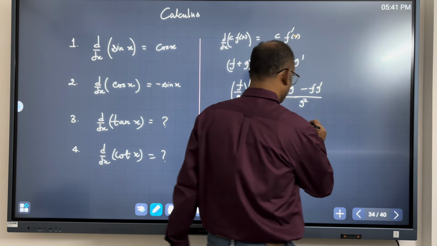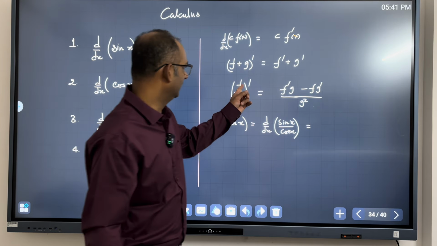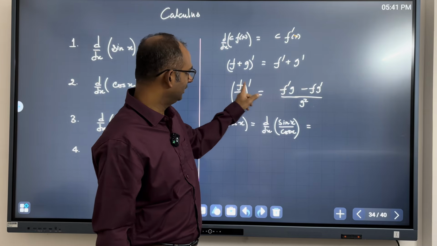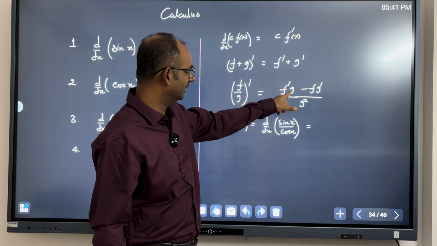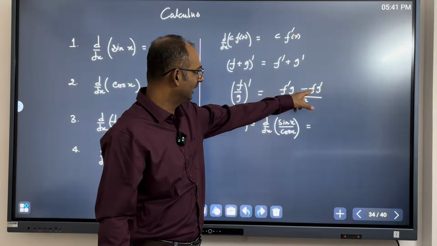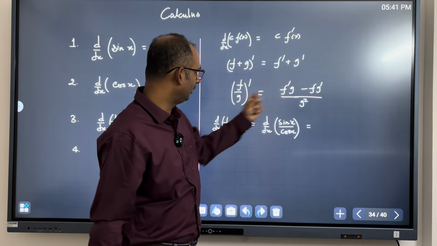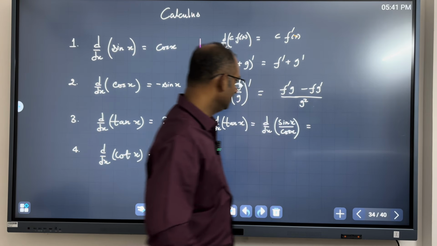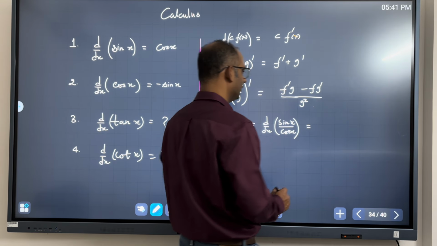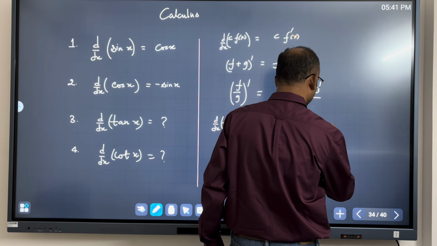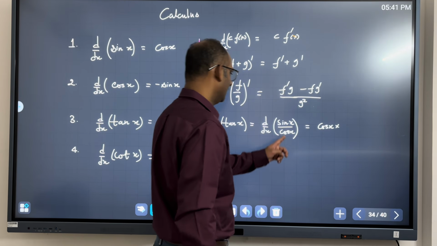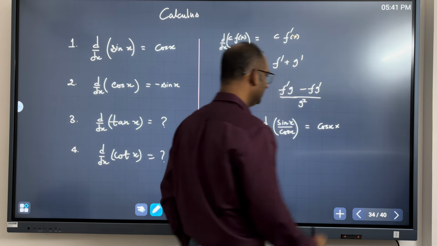Now let's use this rule that if you have f over g, the derivative is the derivative of the numerator times the denominator minus numerator times the derivative of the denominator, divided by square of the denominator. So that is derivative of sin x, which is cos x, times the denominator cos x.